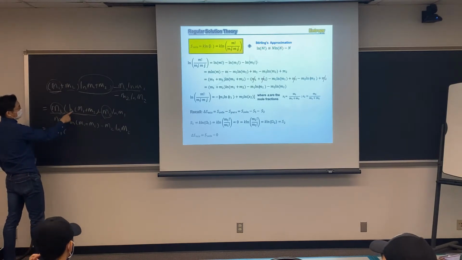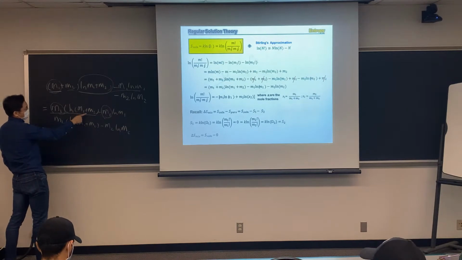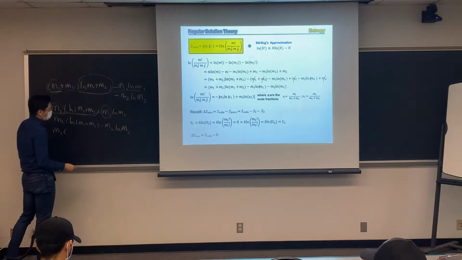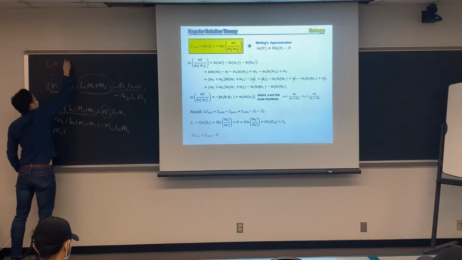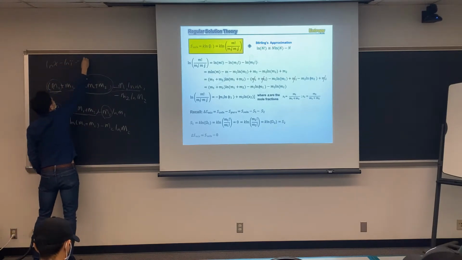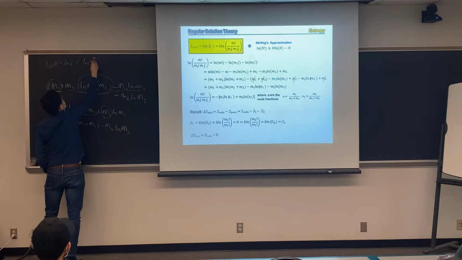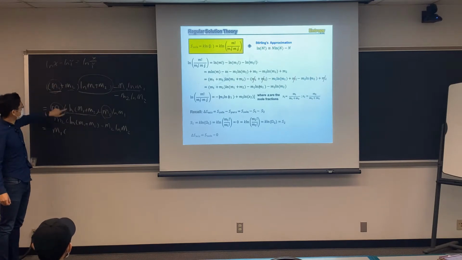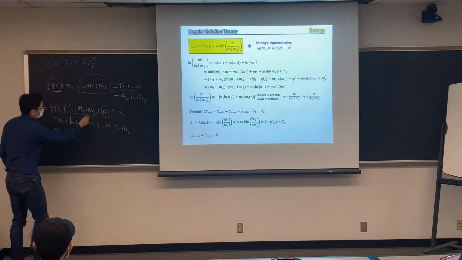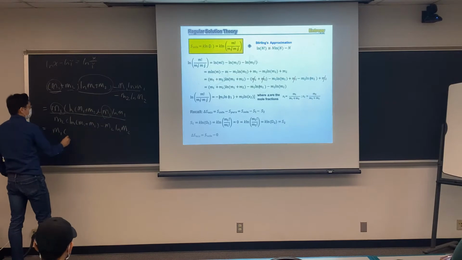And log m1 plus m2 minus log m2. So this is something you need to know to get this equation right. This is going to be equal to log x divided by y. Okay? If you know this, you can basically convert the top part to b.